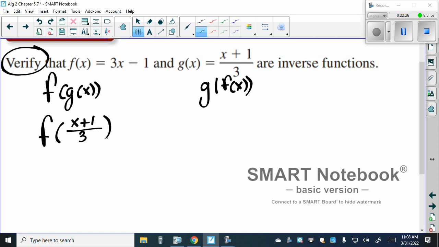Now, just like we did composite functions the other day, we're going to plug the x plus 1 divided by 3 in for all the x's in f of x, which would give us 3 times x plus 1 divided by 3 minus 1. Any questions on this so far? Now we just need to simplify this.